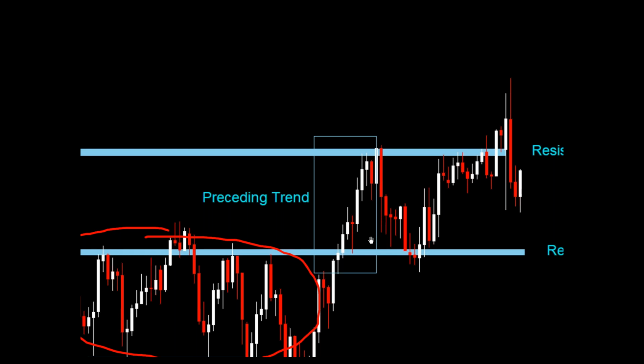If the tail is 3 times bigger than the body, then we should take the direction of the tail. But since over here the tail is smaller than the body, it is not 3 times higher, okay, it is smaller, then this is a clear bearish candle.